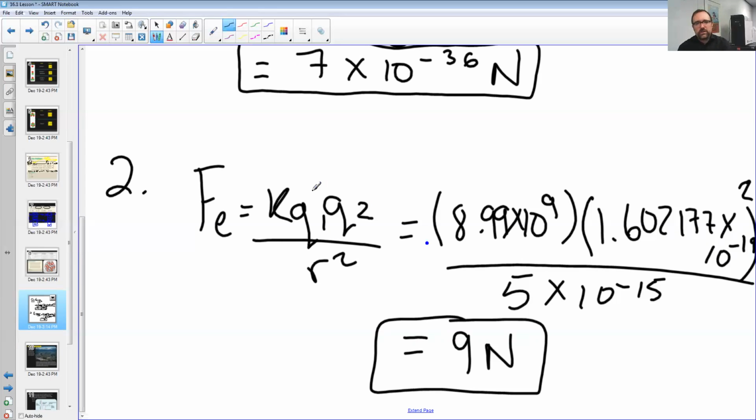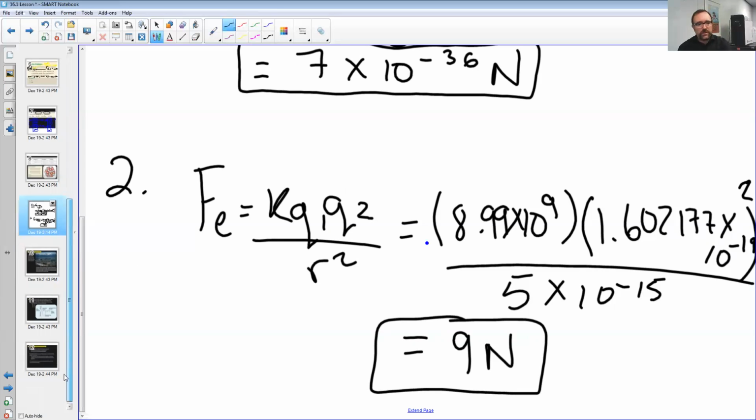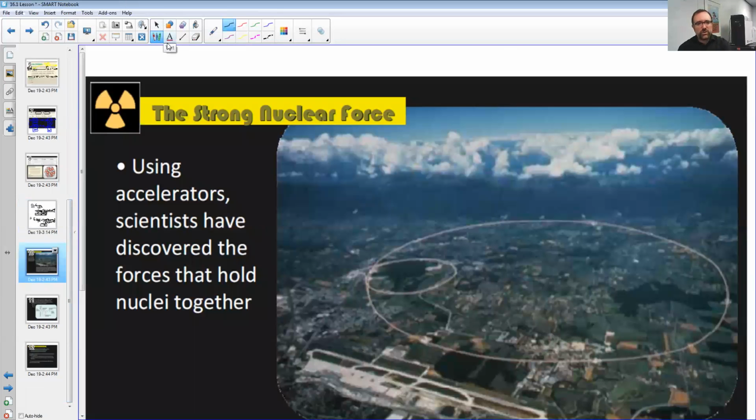So once again, keep in mind, Fe, we've learned that back in Unit B. With that in place, what else could we say about this? The strong nuclear force: using accelerators, scientists have discovered that the force that holds nuclei together is an essential part of this other force that we brought into this course.